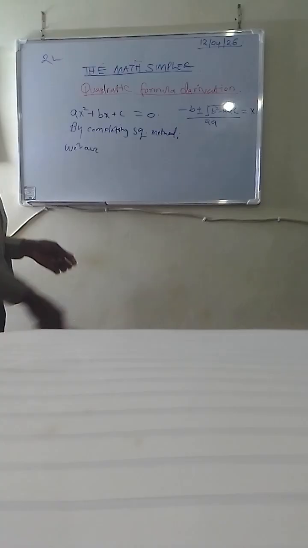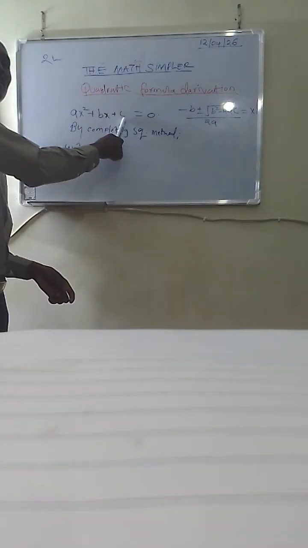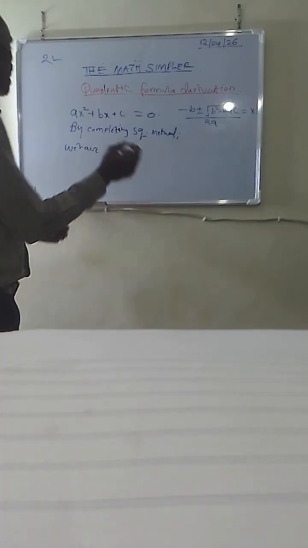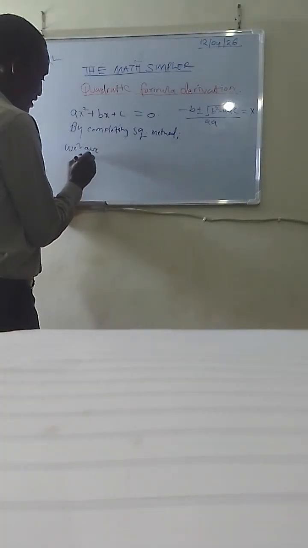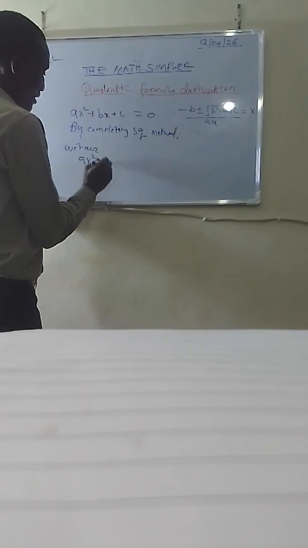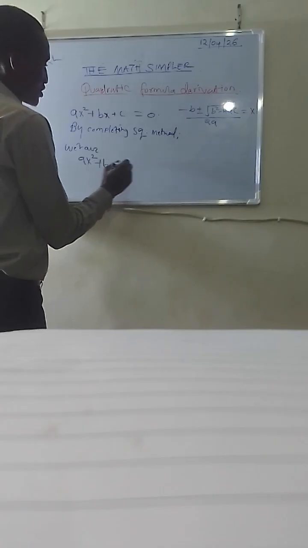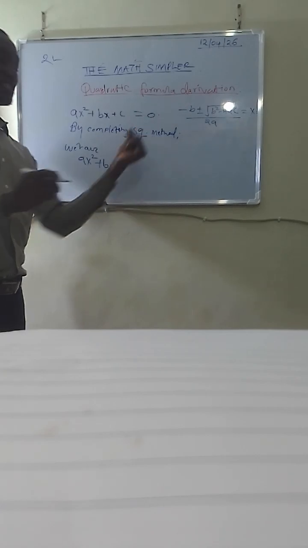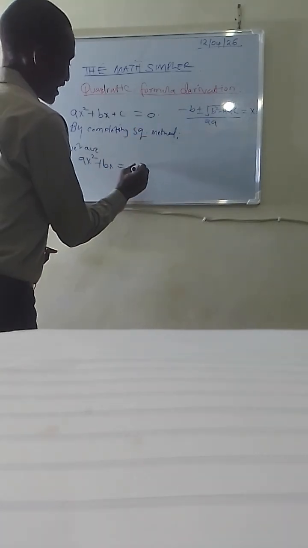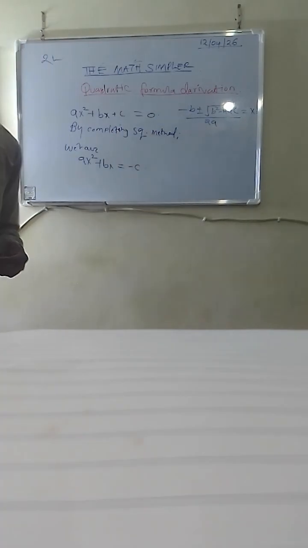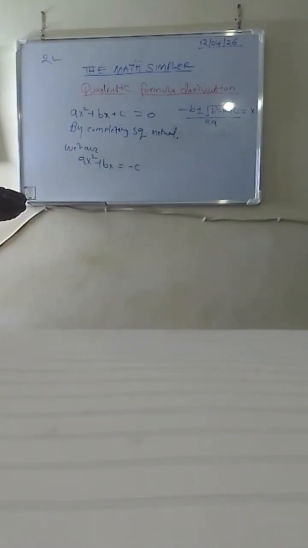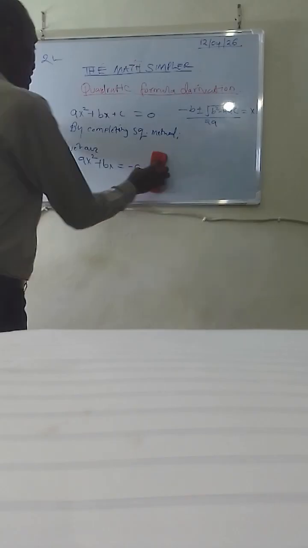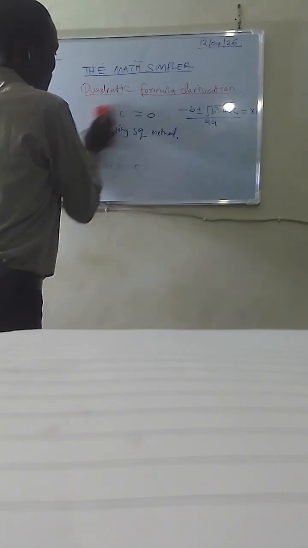The first step will be taking the constant to the other side of the equation, which is ax squared plus bx equals minus c, because this is positive, when it crosses the equal sign, it becomes negative. That is it. I hope that's mastered. Let us continue.